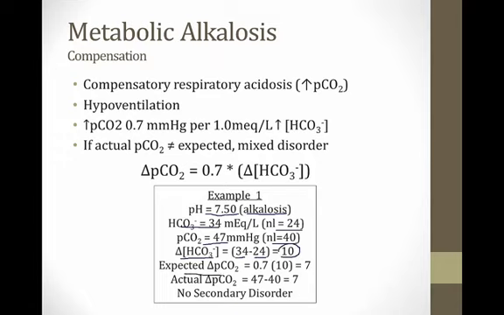So the expected change in PCO2 is 0.7 times 10, or 7. Then the actual change in PCO2 is 47, the patient's PCO2, minus a normal of 40, and that's also 7. So because the expected change and the actual change are equal, there is no secondary disorder. And this is a way you use this compensation rule of thumb to check to make sure the compensation for metabolic alkalosis is appropriate.